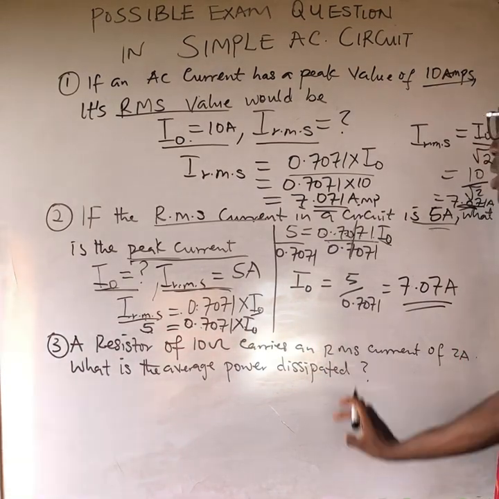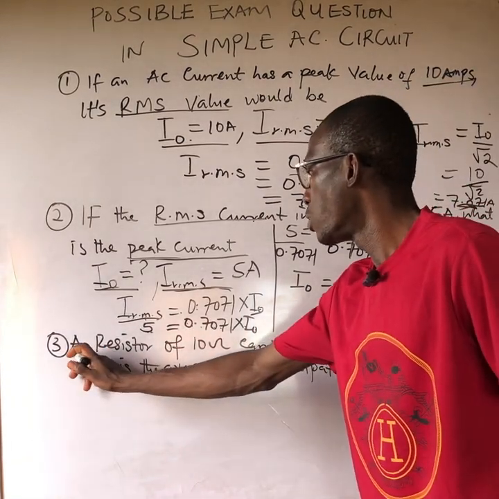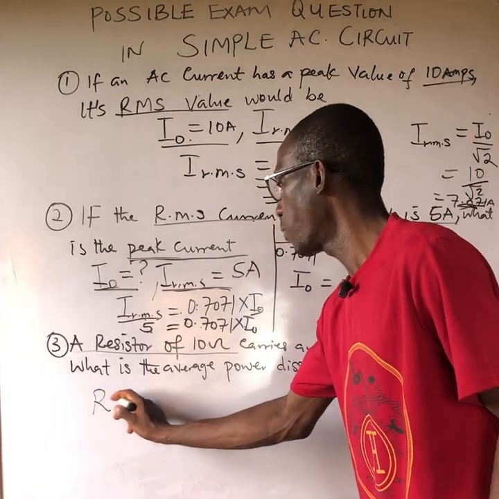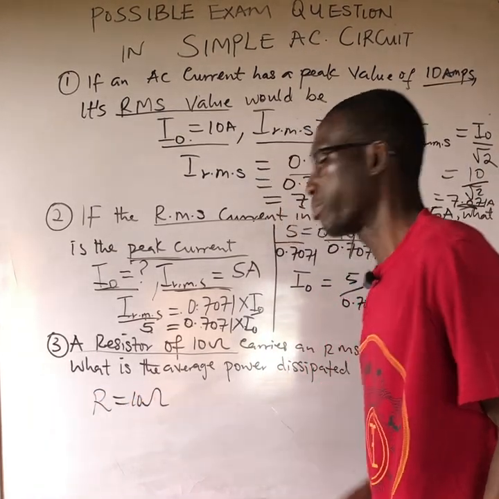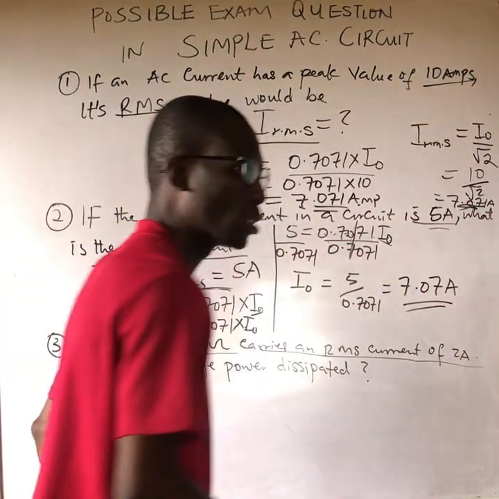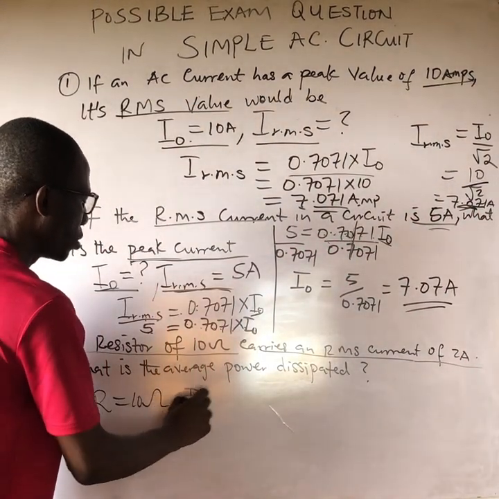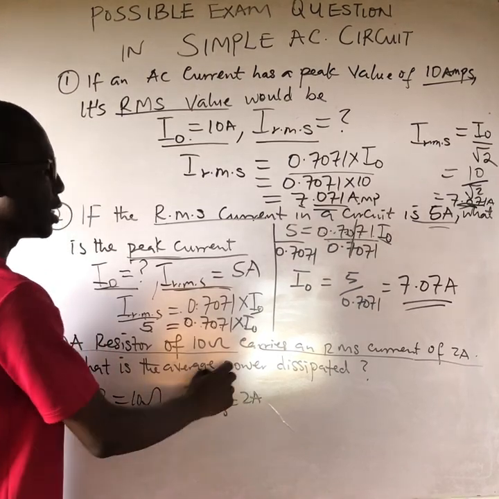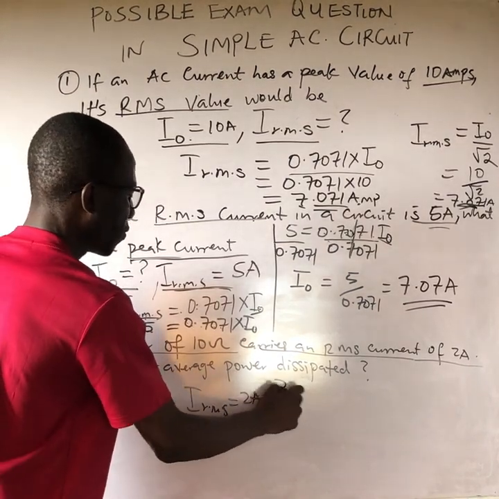The resistor is 10 ohm. It carries a root mean square current of 2 amp. What is the average power? So I have to find the average power.